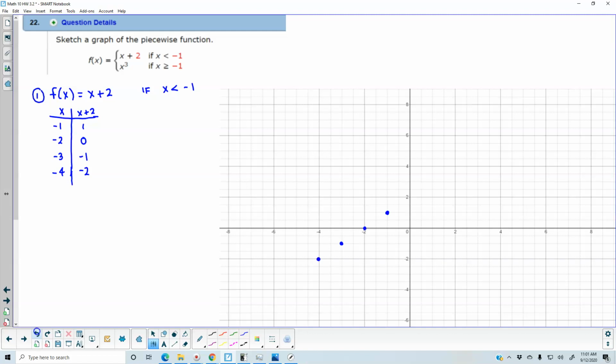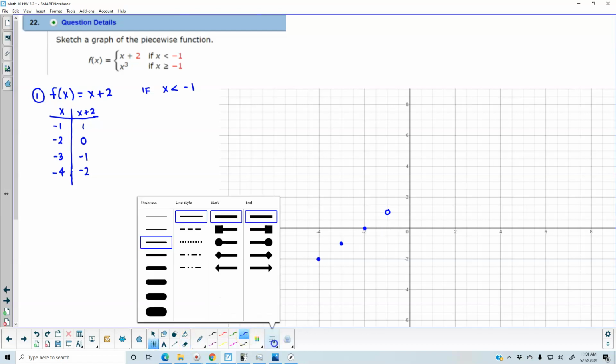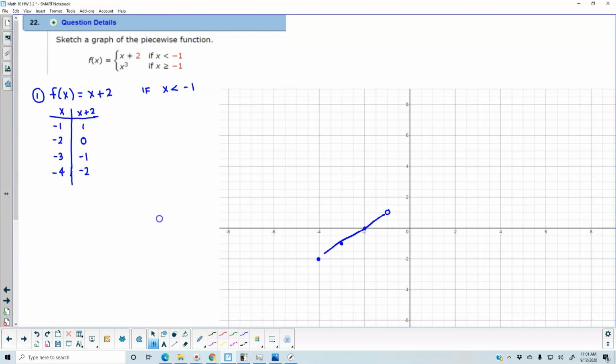Okay? And so the one thing we need to keep in mind is, since it has to be less than negative 1 and we can't include negative 1, then that means that this point right there has to be an open circle. And so therefore, that's our first piece of this function.